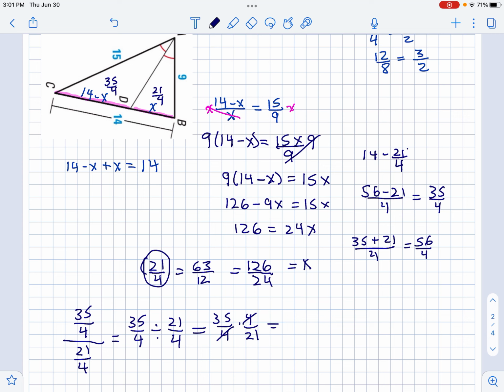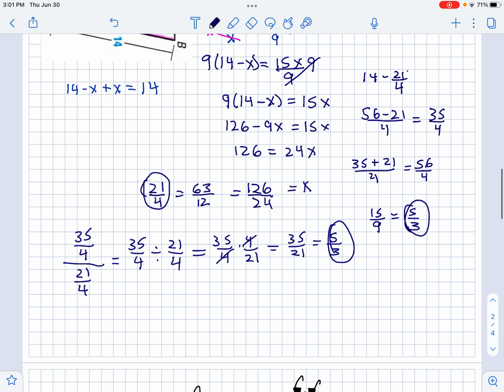These cancel, and what do we get? 35 over 21. 7 will go into 35 5 times, and 7 will go into 21 3 times. So we get 5/3. Now let's look at the ratio here, 15 over 9, and that is 5/3. Cool.